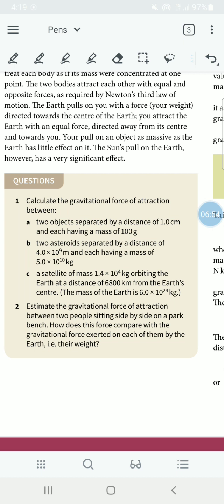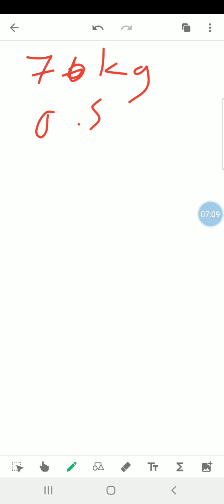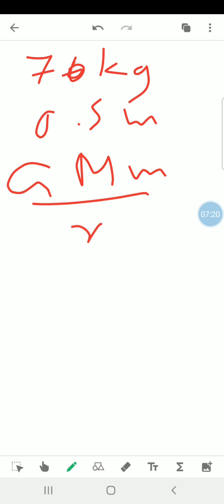So if you take the average weight of each person to be let's say 70 kilograms and 70 kilograms, and if you take the separation to be 0.5 meters, you have to once again use the same equation. F equals G capital M simple m divided by R squared.